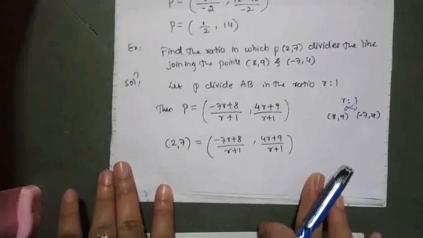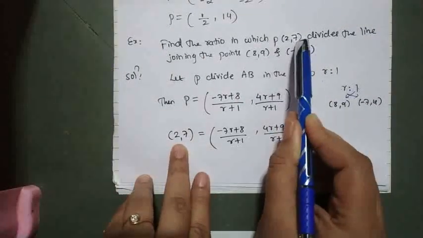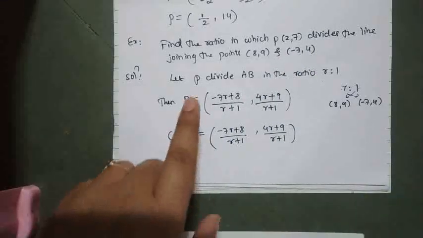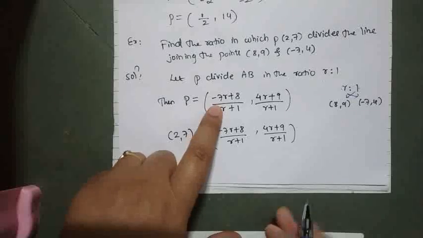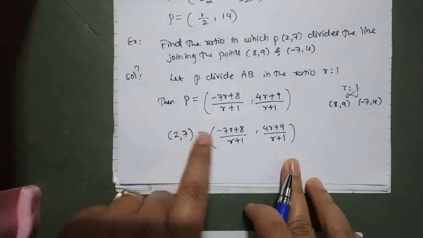So what is the P coordinate? P coordinate is (2, 7). After applying the formula, the coordinate of P is given, which is (2, 7), which is equal to this.